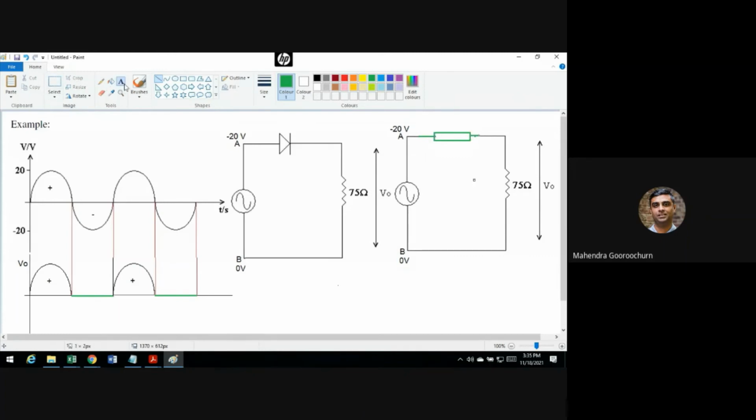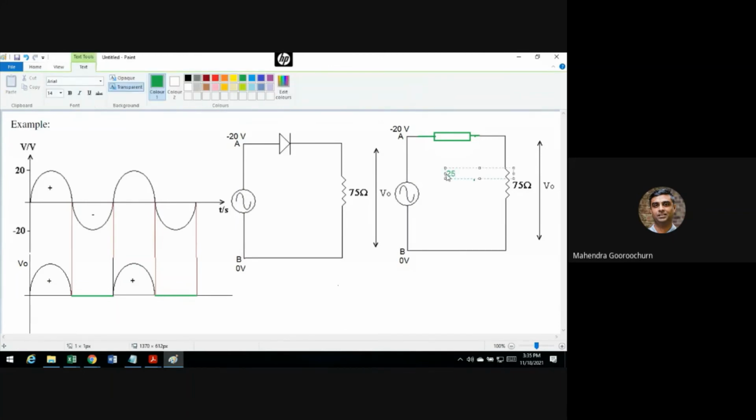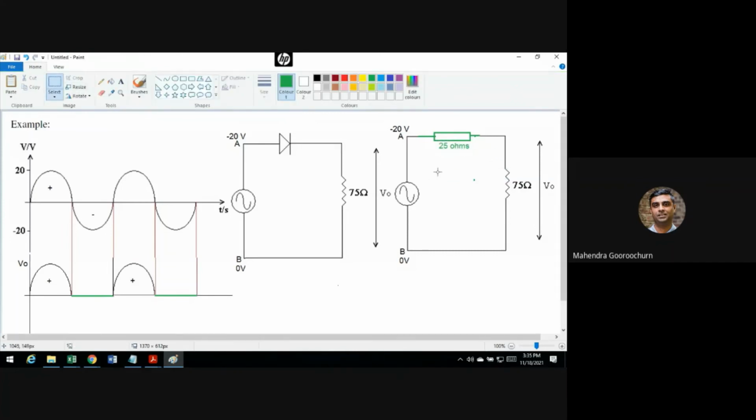Okay, so let's put our 25 ohms now. So this is 25 ohms. This is your actual real diode, how it's going to be. Now, if you want to measure V naught, the first thing is this voltage will not start picking up immediately here. You would need to exceed 0.3 volts.